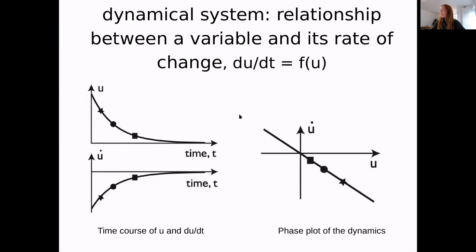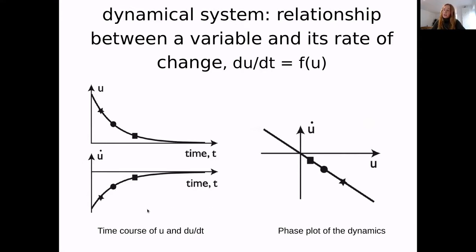And on the right-hand side, you can see a phase plot of the dynamics, where we have exactly this picture of how the rate of change depends on the state U. And we can now derive this phase plot from those two time courses by eliminating the time.